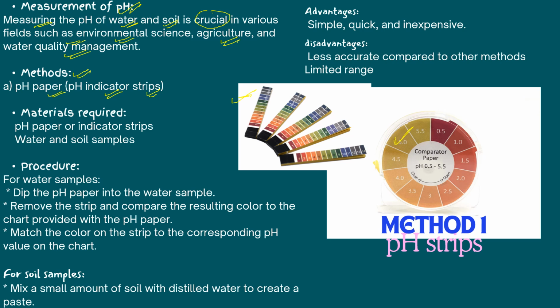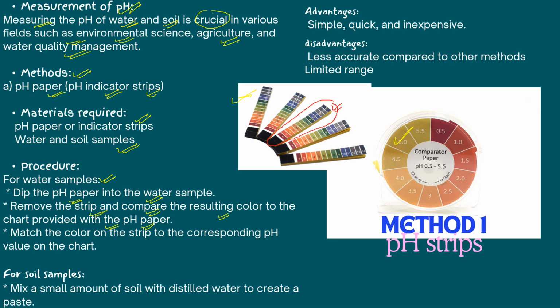So the materials required are pH paper or indicator strips, and water and soil samples. For water samples we just dip the pH paper into the water sample, remove the strip and compare the resulting color to the chart provided with the pH paper. These are the charts you can see.